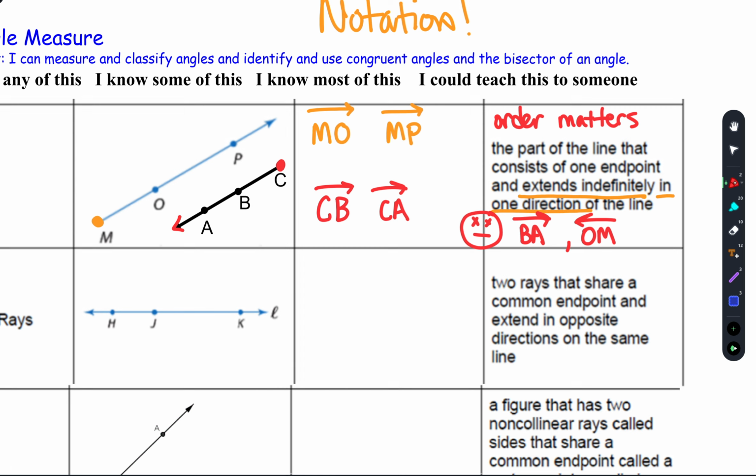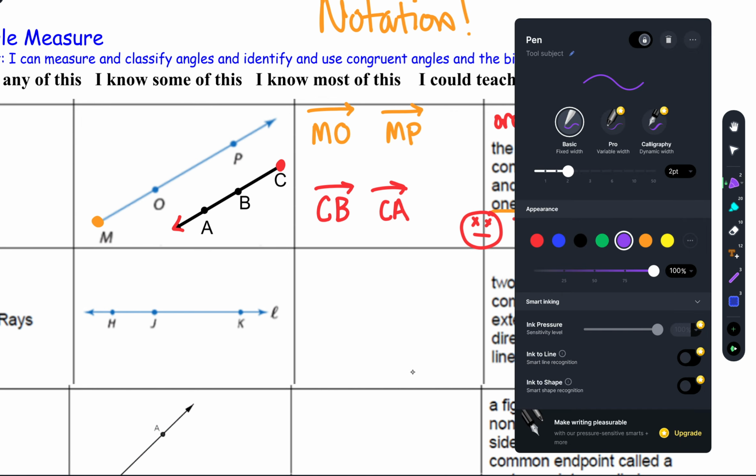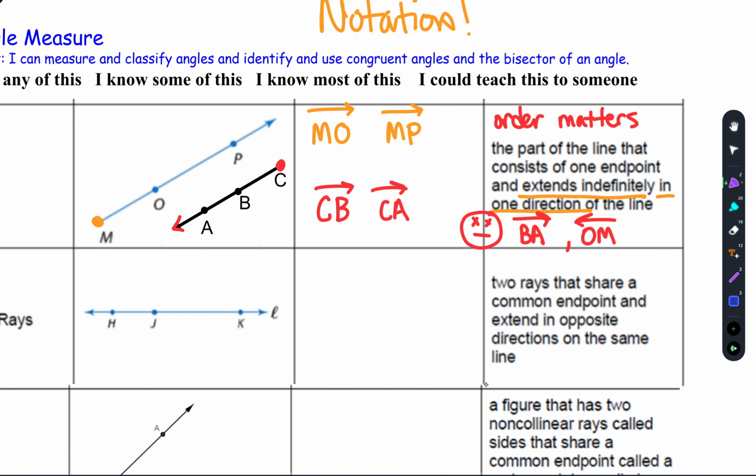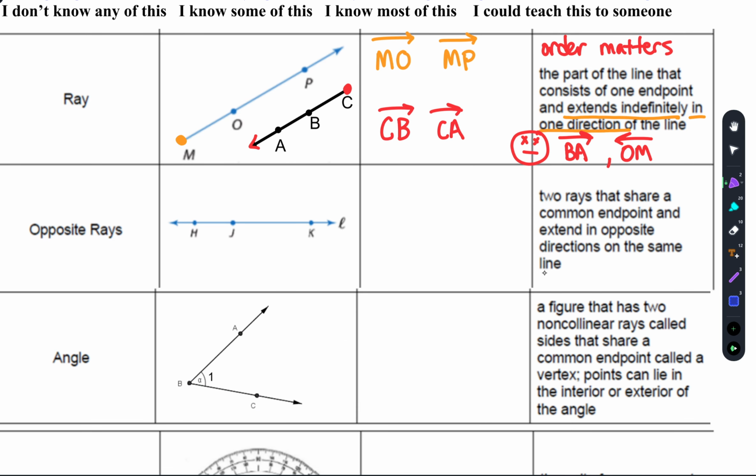Okay, next vocab is opposite rays. An opposite ray simply is just two rays that share an endpoint, okay? And they extend in opposite directions. If we literally just look at that drawing right there, that looks pretty similar to a line, which it is. Opposite rays form a line.